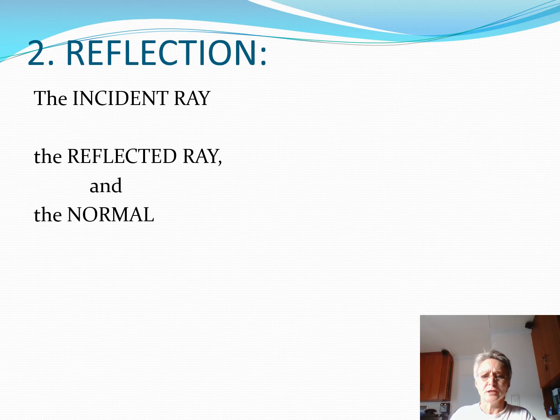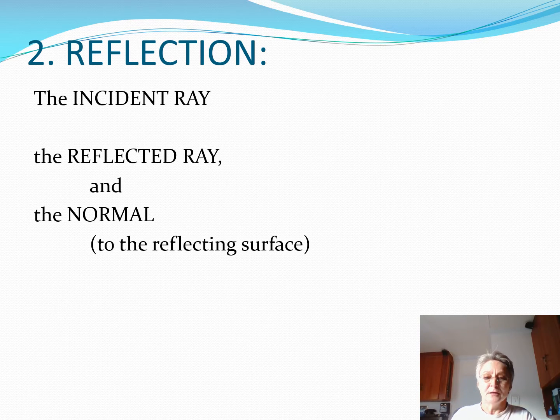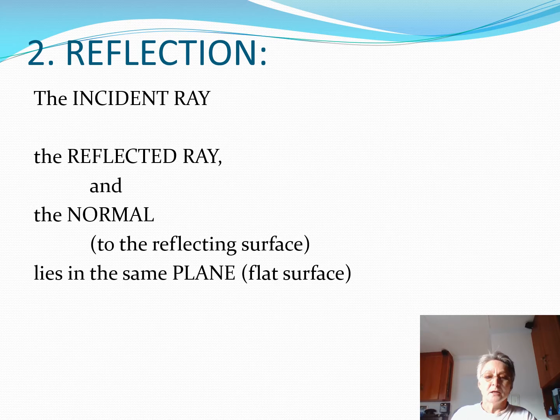The incident ray is the light moving towards the reflecting medium, and the reflected ray is the light moving away from the reflecting surface. Now, the incident ray, the reflected ray, and the normal must lie in the same plane or flat surface.